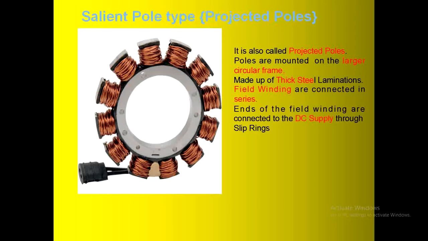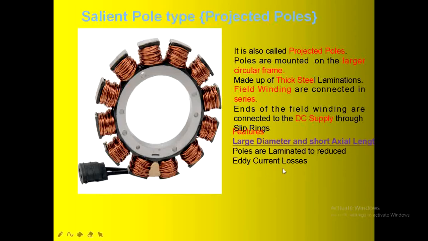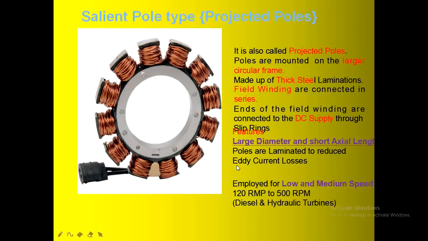Ends of the field windings are connected to the DC supply through the slip rings. Large diameter, short axial length alternators are examples of the salient pole type. Generally, this is employed for low and medium speed alternators like hydraulic turbine and diesel engine driven alternators.